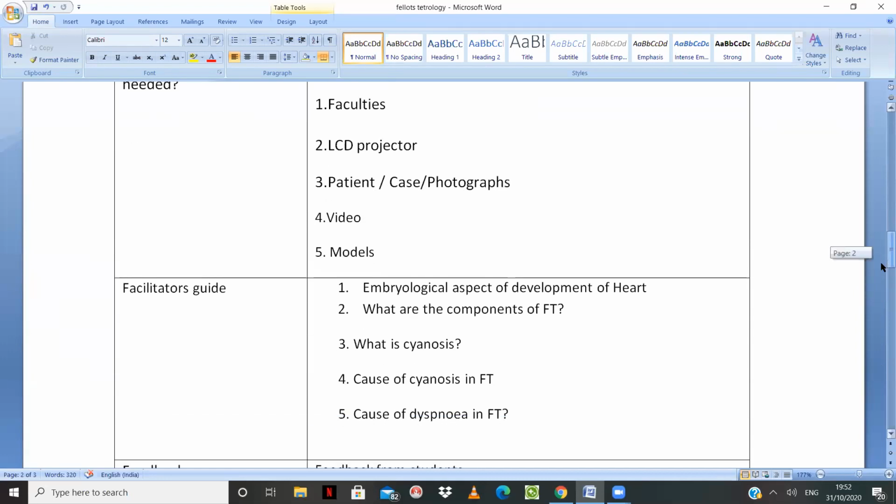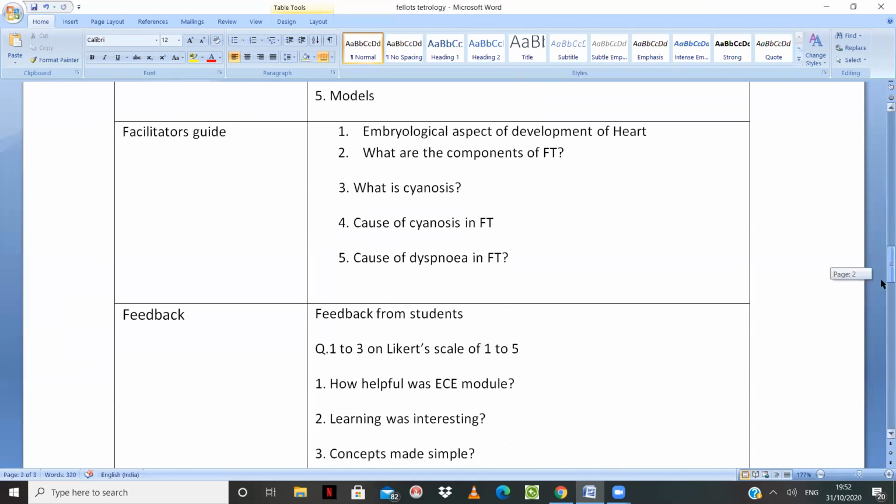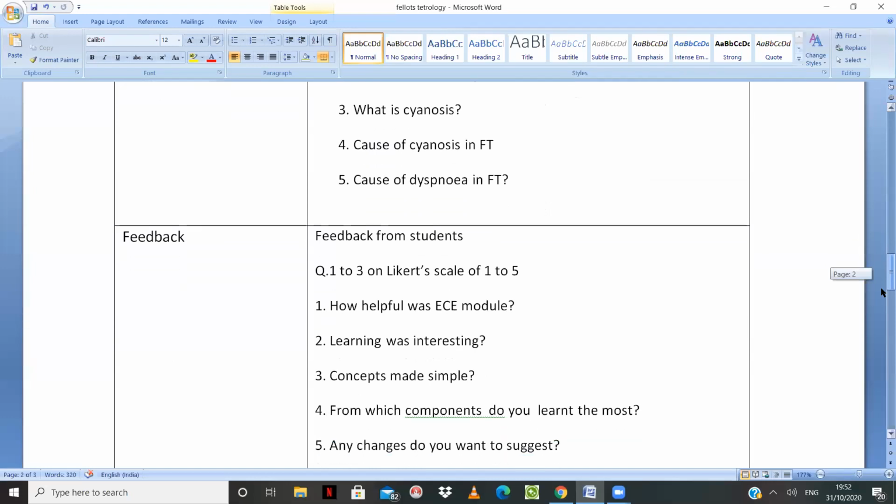In the facilitator's guide, there is the embryological aspect of the development of the heart. What are the components of Fallot's tetralogy? What is cyanosis? Cause of cyanosis in Fallot's tetralogy, and cause of dyspnea in Fallot's tetralogy. Then feedback from the students.